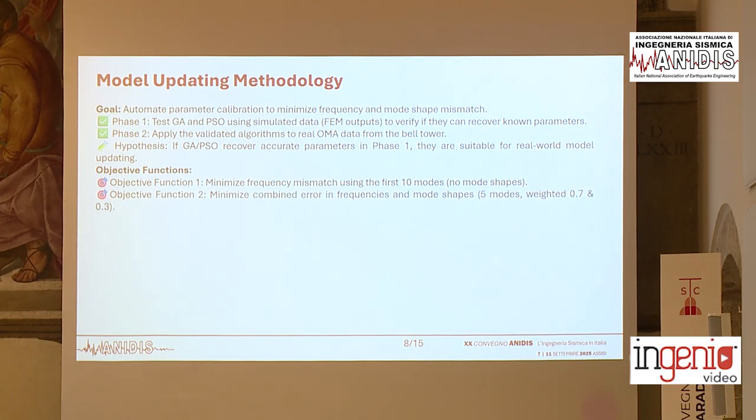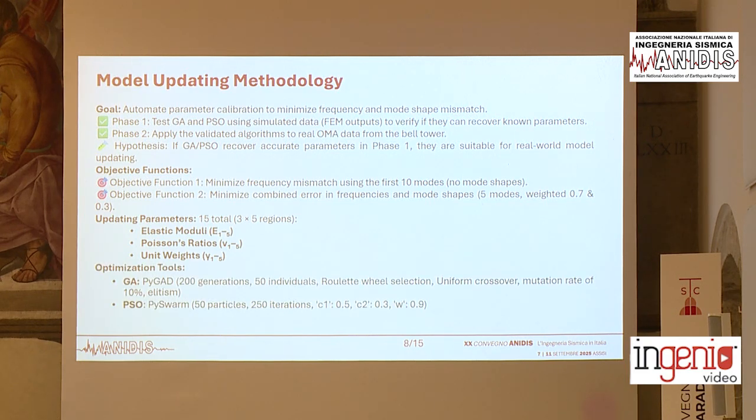And two objective functions were considered. The first one was only based on frequencies for the first 10 modes, and the second objective function was the combination of frequencies and mode shapes only for 5 modes, with coefficients of 0.7 and 0.3, because for frequency we are more confident about the results.